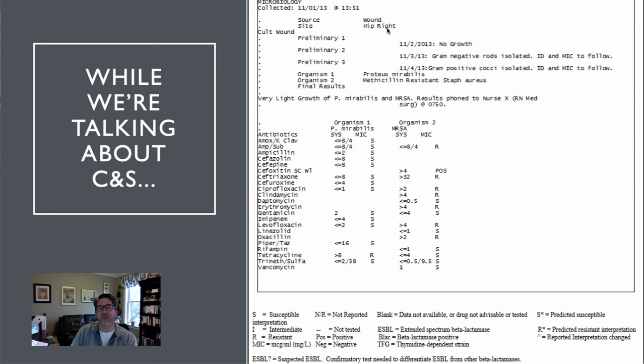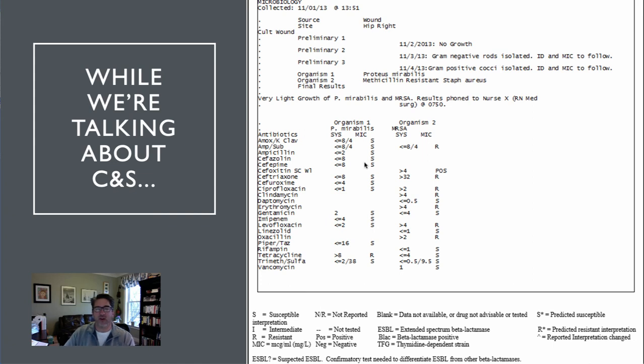The site is the right hip. And we have preliminary results at 1 day, 2 days, and 3 days. And then finally, in the final results, they've identified 2 organisms. They've identified Proteus, which they call organism 1, and list all the sensitivities here. And then they've found MRSA, which they've listed as organism 2.